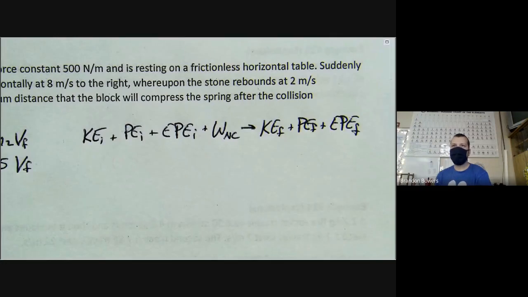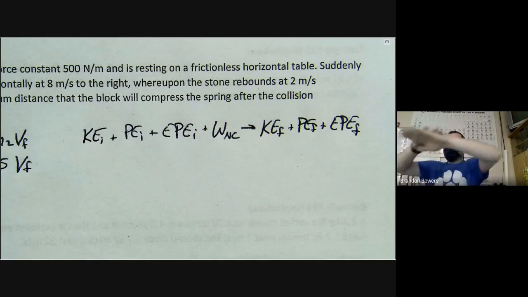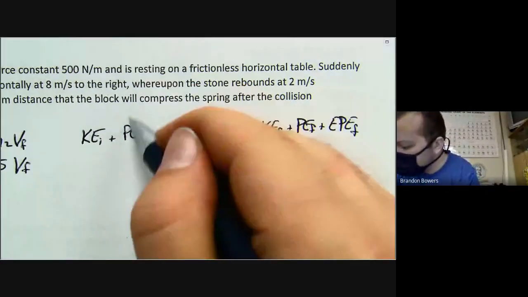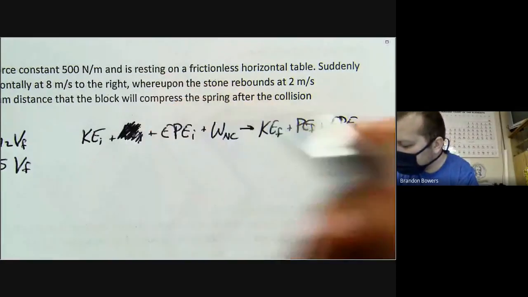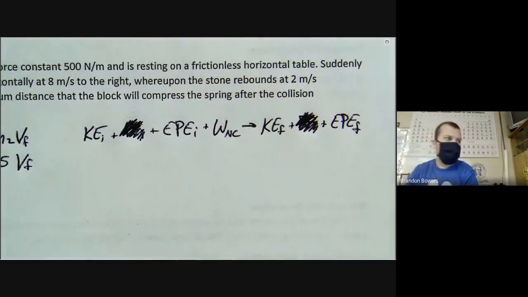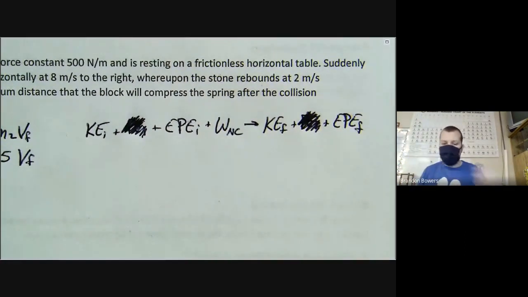Alright, but do you remember the best part of this type of problem? You can cross some stuff out. Most of them are zero. So, when you're on a surface, what's your potential energy? Zero. Let's get rid of those.